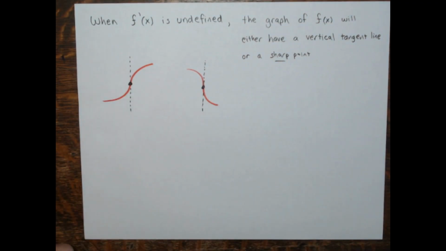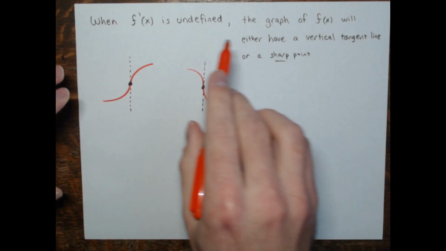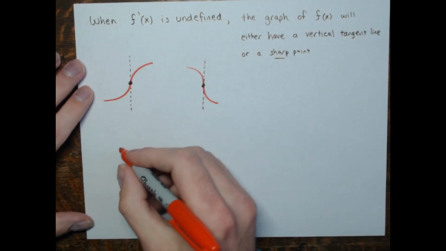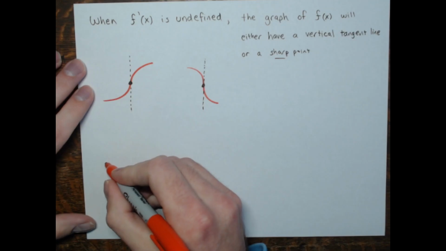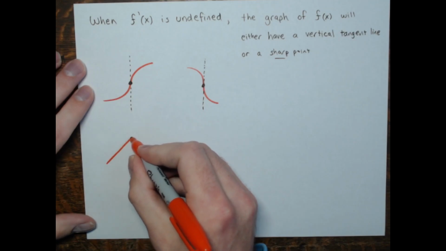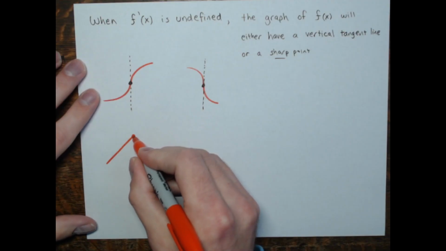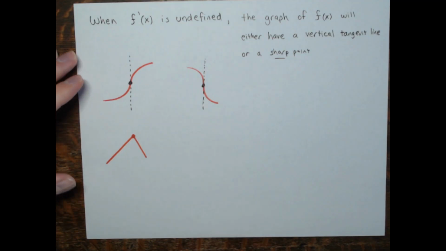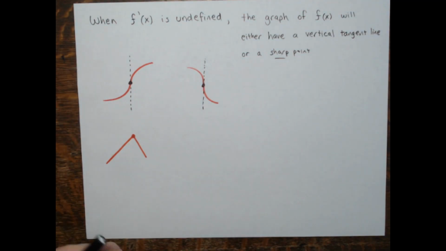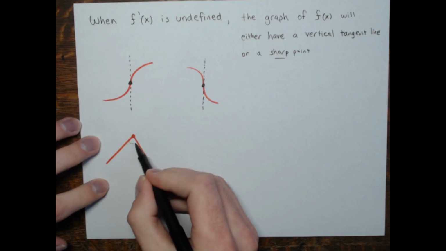But those aren't the only points where you have no derivative. You could have your absolute values, where I'm increasing, hit a point, and then have a sudden change in direction where I'm decreasing. So this is what I meant by the sharp point.